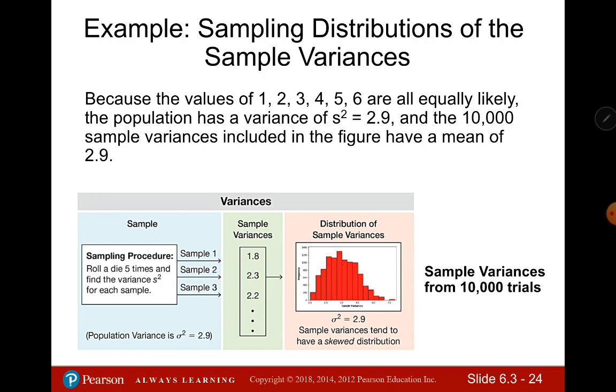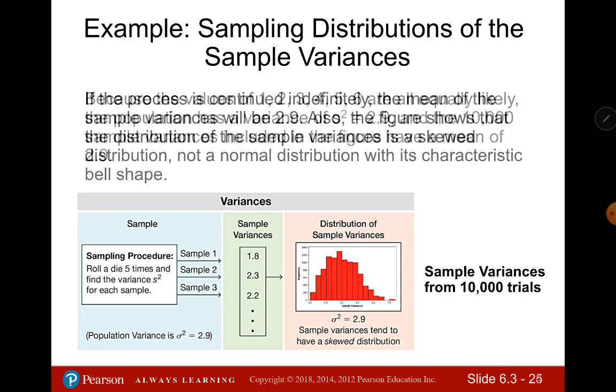So that means the first rule is different from the previous two, proportion or mean, but the second property is just the same. The mean of all the sample variances is just the same as the population variance. But make sure you know this time the curve is not a bell-shaped curve. That's the only difference.